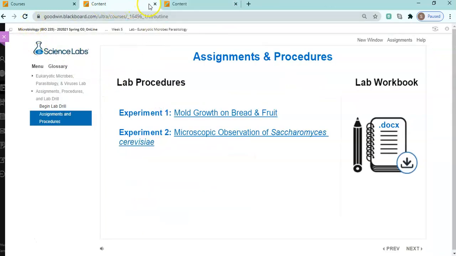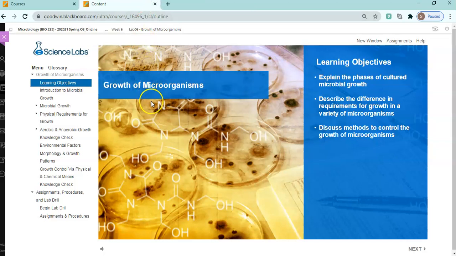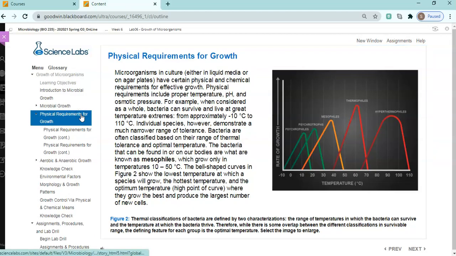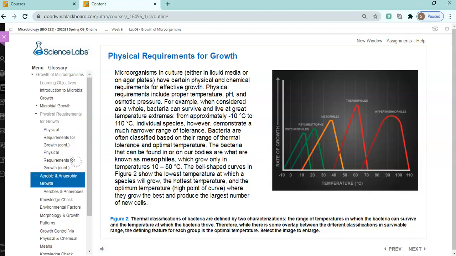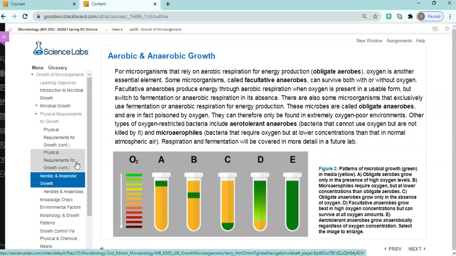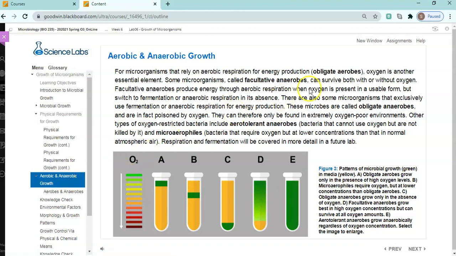And then lastly, Lab 6, which is this week's lab, dealt with allowing us to look at different requirements for growth for a variety of microorganisms. We looked at especially the physical requirements for growth, such as temperature, but then we also looked at some of the various aerobic and anaerobic conditions.